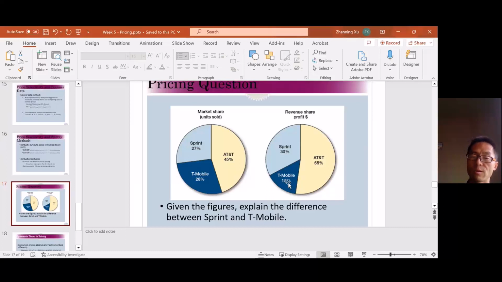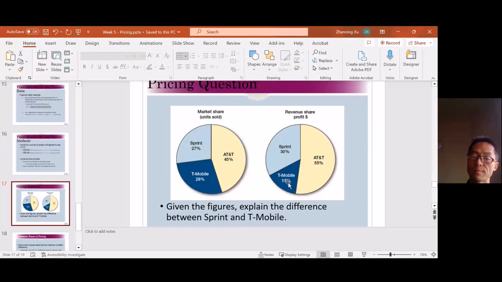And then you can definitely look at the annual report and see if customer retention is higher for a company that uses a low pricing strategy, or market share strategy. So the goal of T-Mobile is to increase market share.